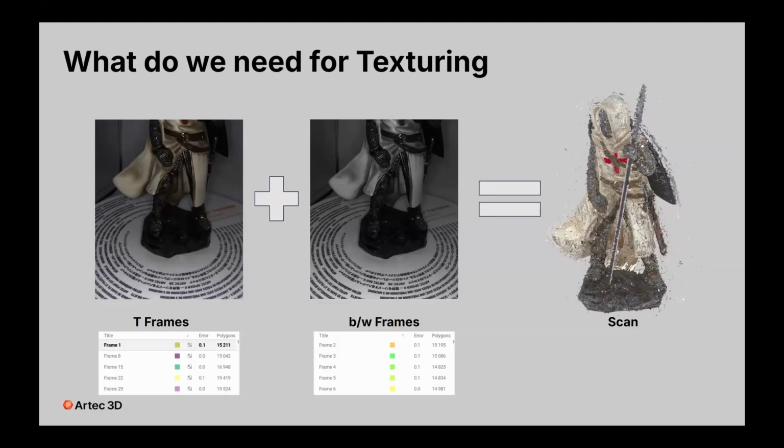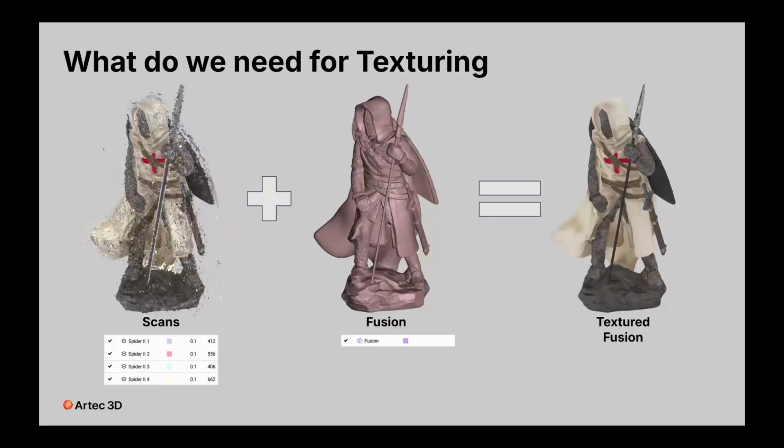With all of that, we receive what we call a scan inside of Artec Studio, and you could see how it looks on this slide. Then once we have received this collection of scans, which consists of different frames, we're able to create a fusion, and by merging those texture frames with the fusion, we're able to receive our final texture mesh.